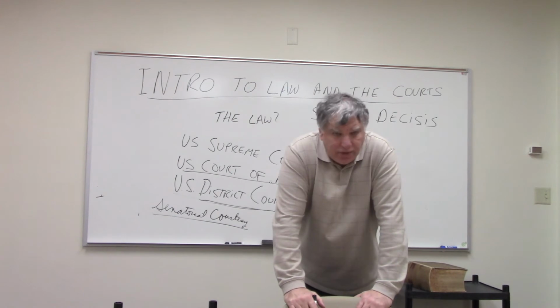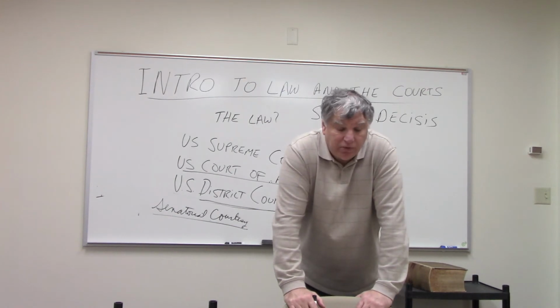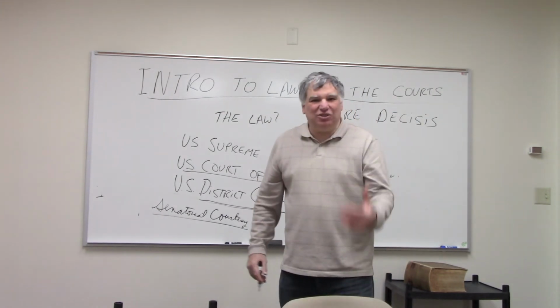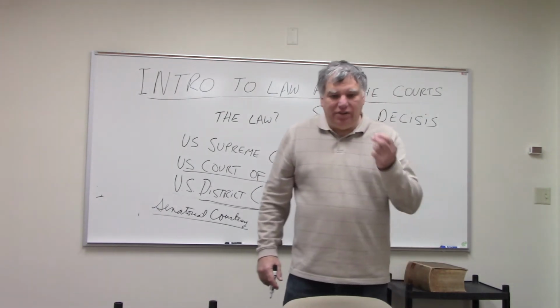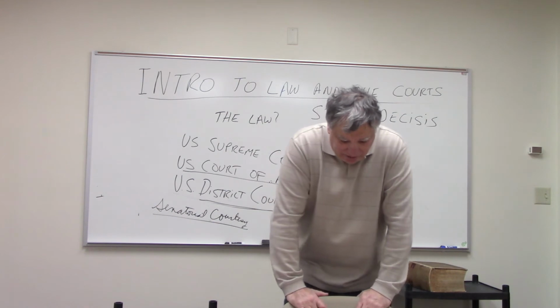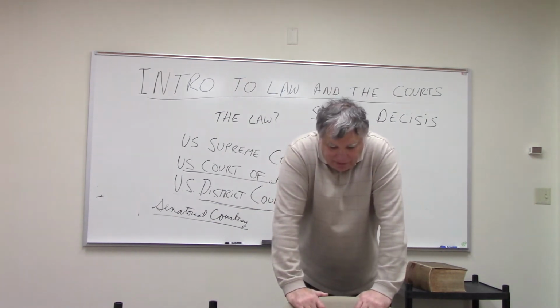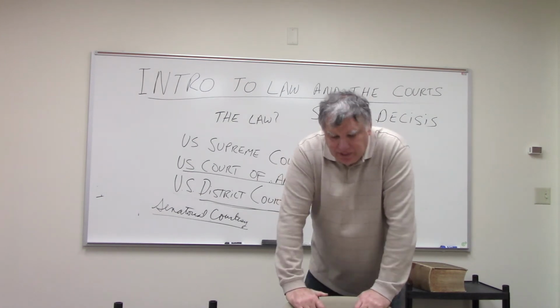The judges then read these briefs, or probably more accurately, their clerks read these briefs and do research for them in terms of what are the major legal issues and what's the law in that area. And then what happens is you have the appellate hearing.